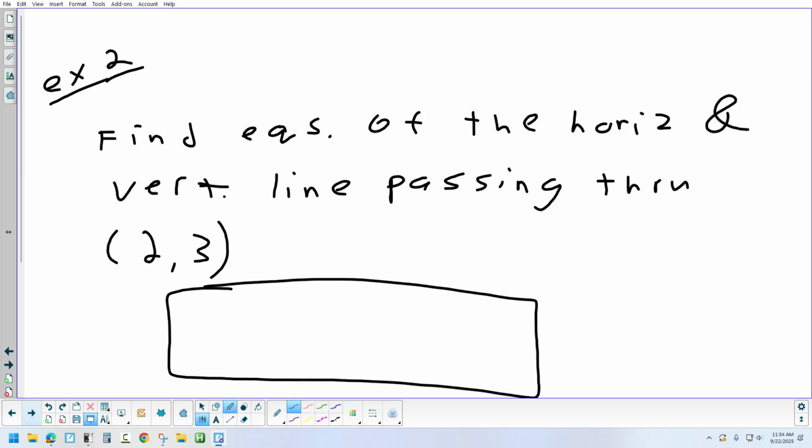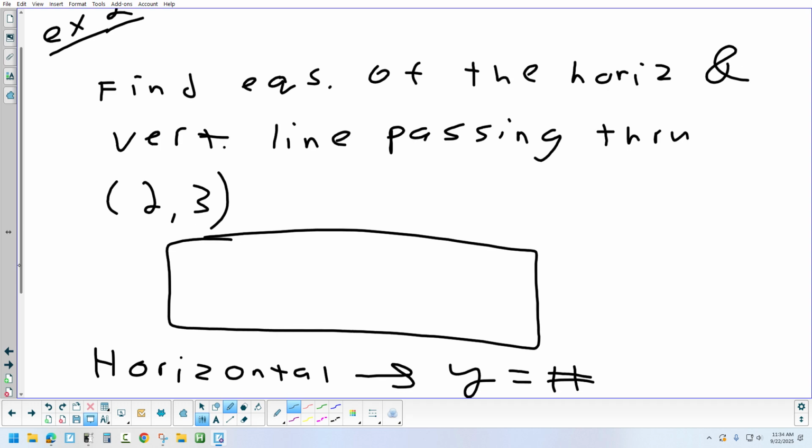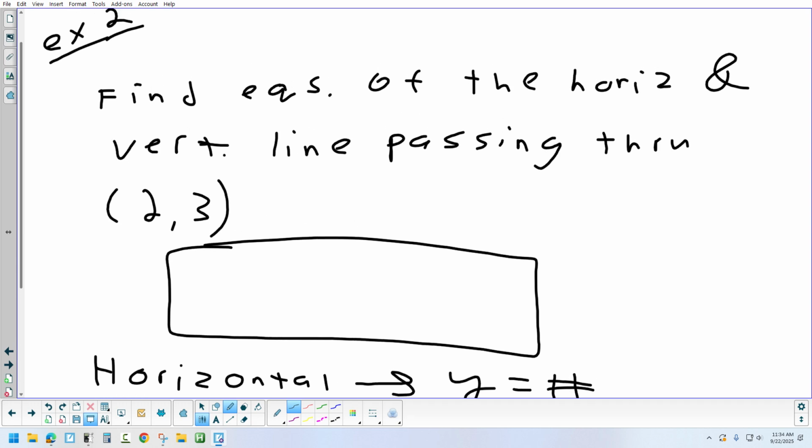All right, so let's see if we can find the equation of the horizontal and the vertical line that passes through the point 2, 3. So here's your point. What would be the equation of the horizontal line that goes right through the point 2, 3? It would be y equals 3. Yep.